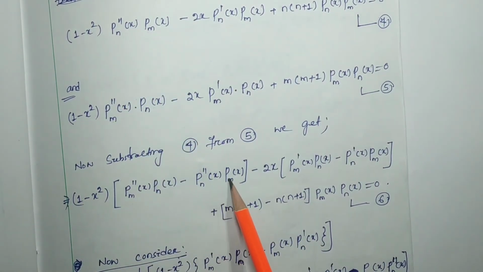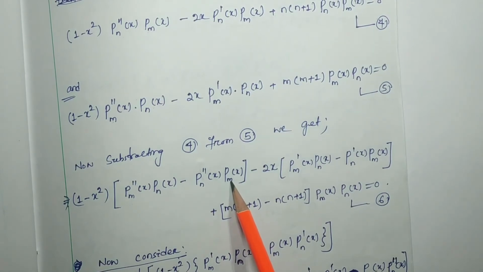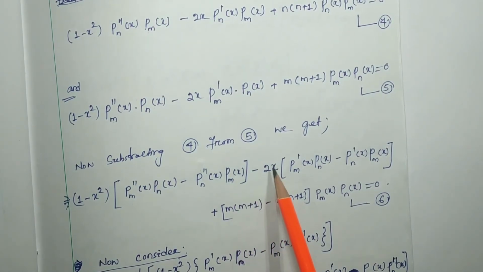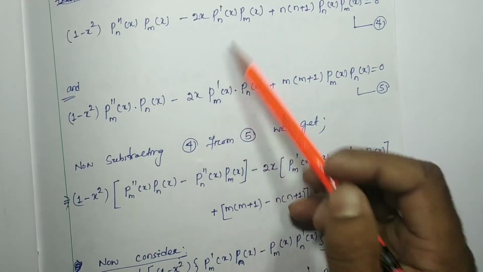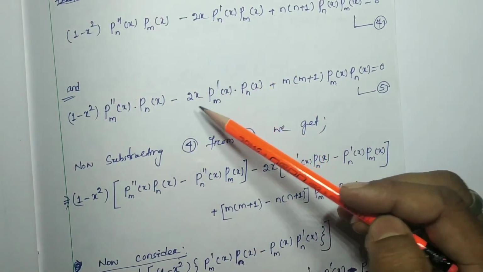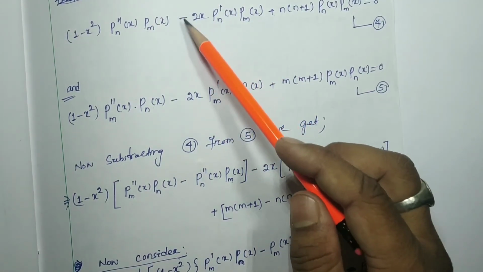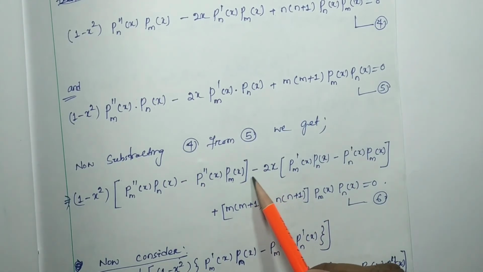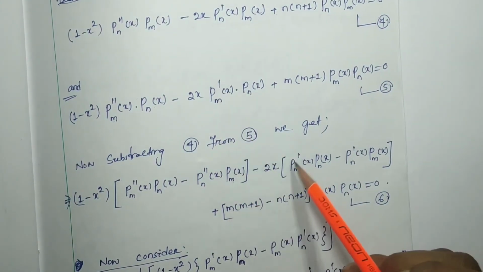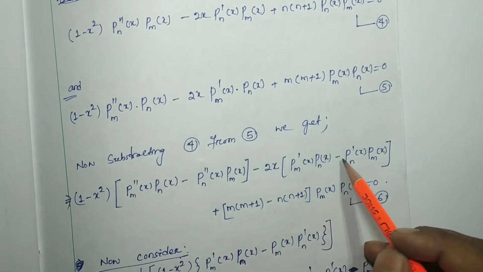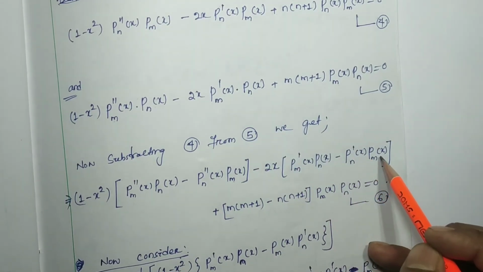Then we take minus 2x common from these two terms: Pm dash (x) into Pn(x) minus Pn dash (x) into Pm(x).